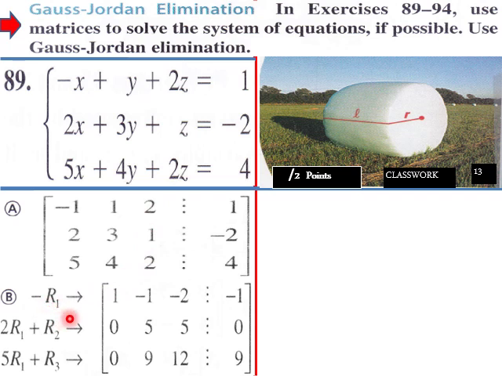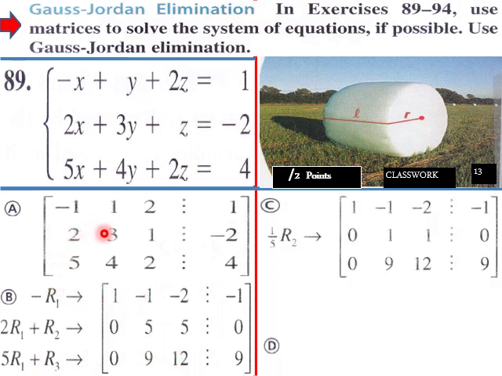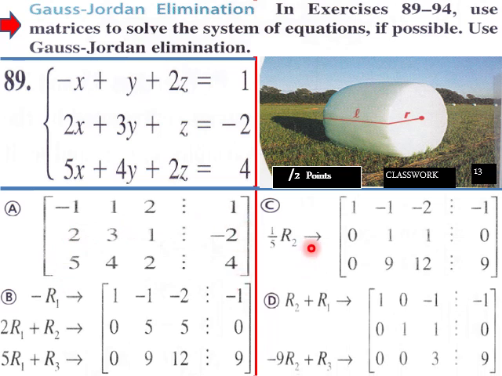And then when we multiply row 1 by -1, we get this. And then 2 times row 1 plus R2, we get this. And then 5 times row 1 plus R3. So we're starting to get our row echelon form here. And then we go 1/5 times row 2, and we end up with this here.